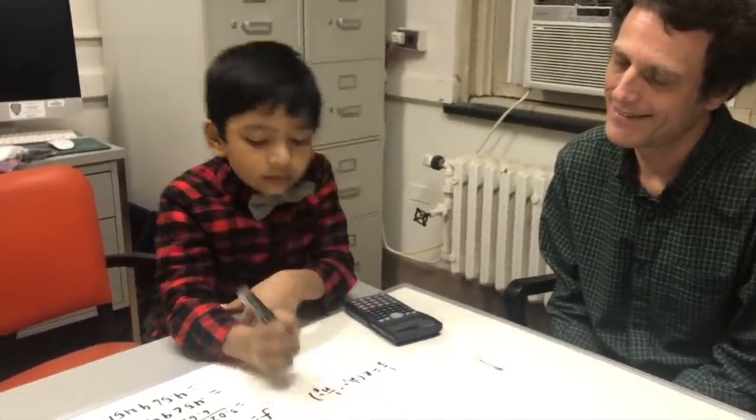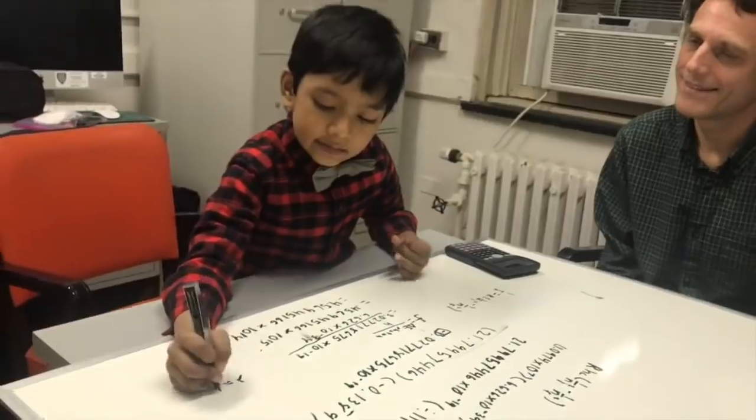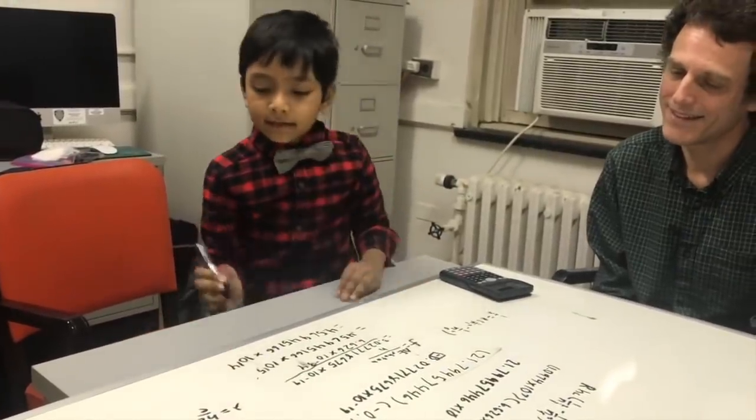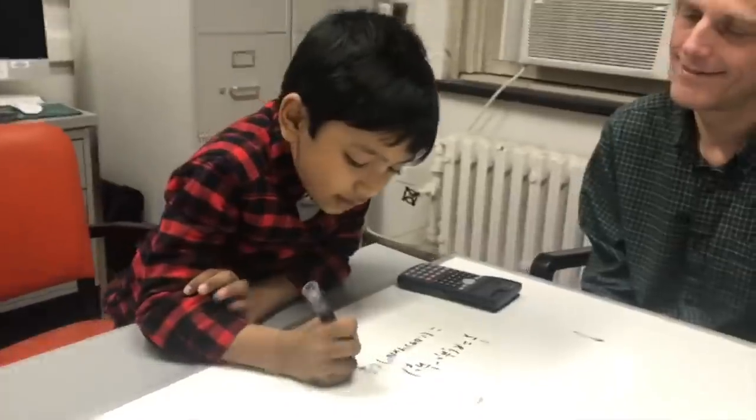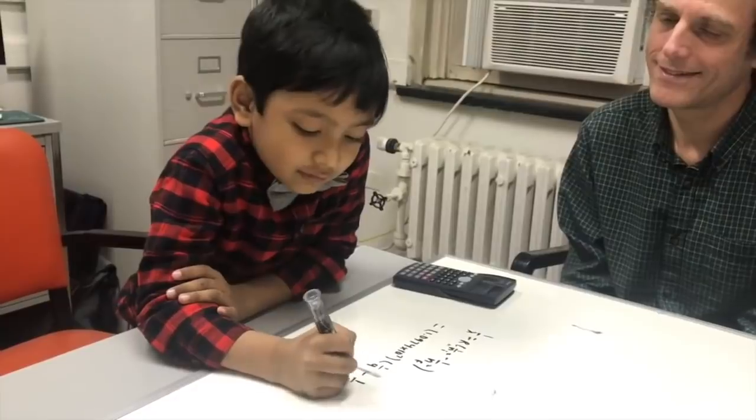Trust me, we're going to get the same thing as if lambda is hc over E. Oh, that's good. I was kind of worried about that. 1 over 9 minus 1 over n final squared, so 4.